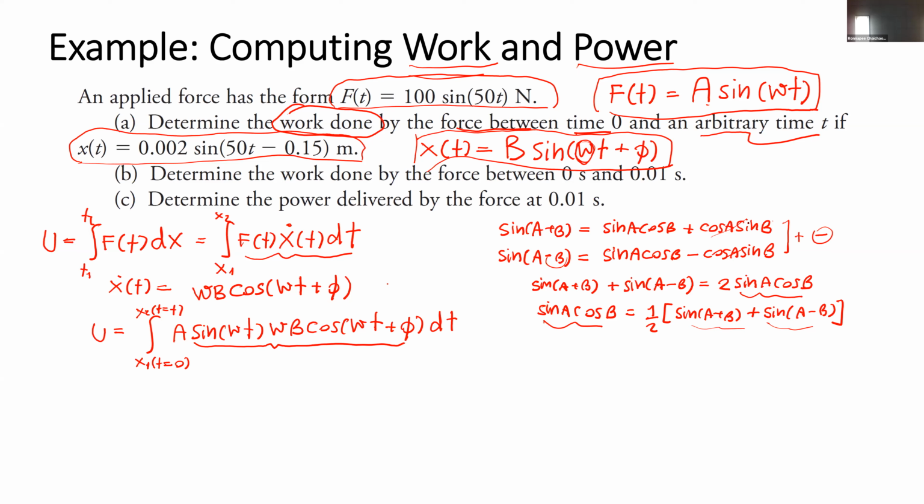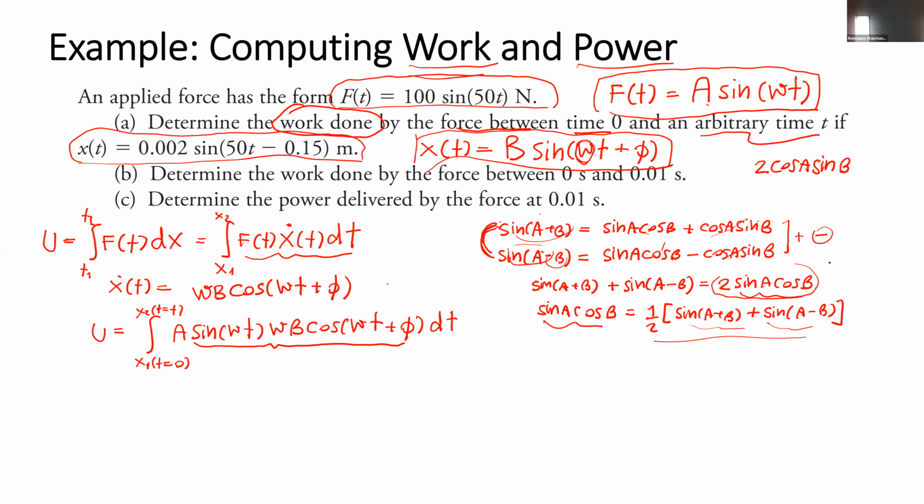And then on the right hand side, you may get 2 cosine A sine B, equal to the subtraction of the left hand side, and you can derive the similar property.